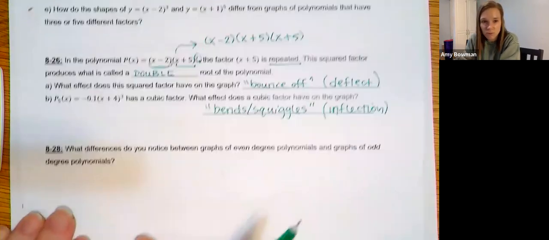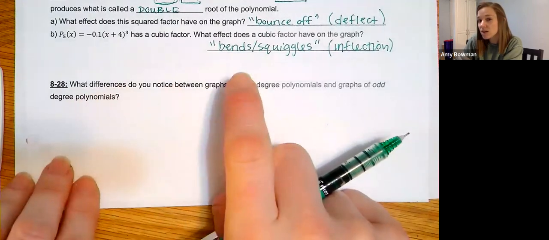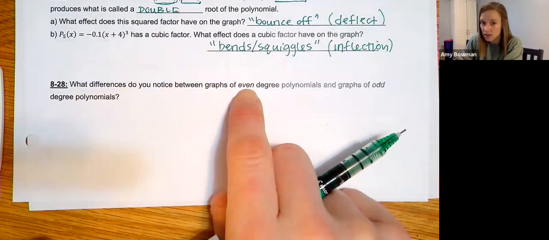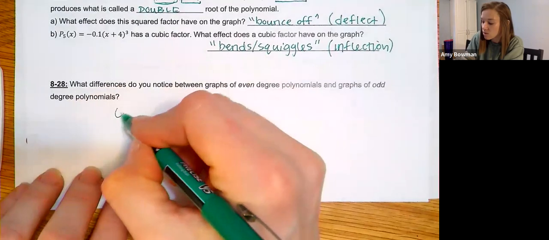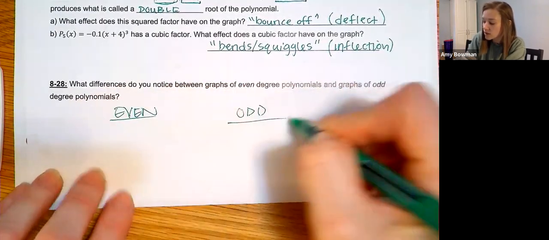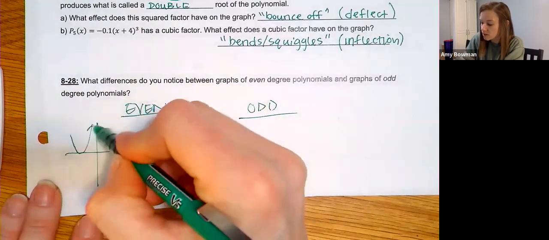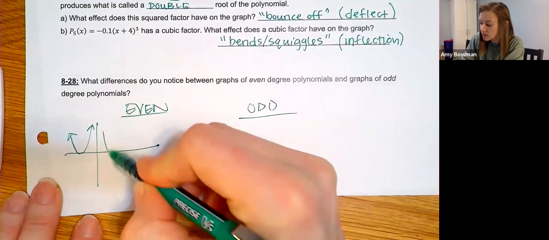And then this last question before the next page: what differences do you notice between the graphs of even degree polynomials and odd degree polynomials? So what I want you guys to hopefully pick up on is that all of our even graphs, so we had parabolas, we had things that looked like W's.